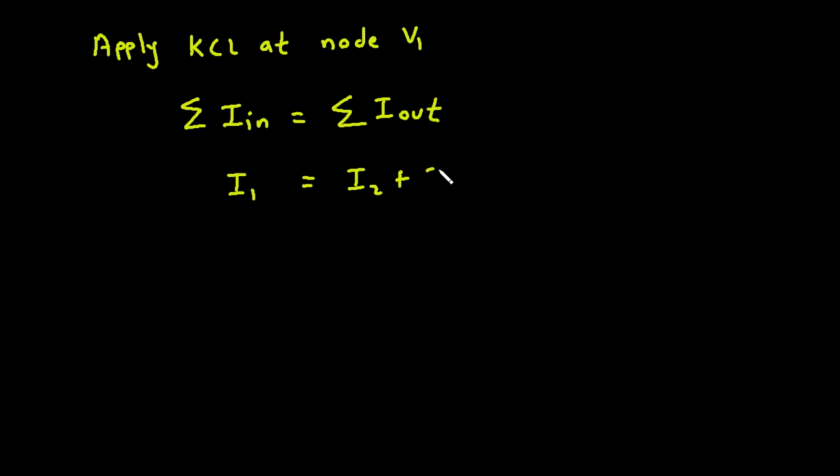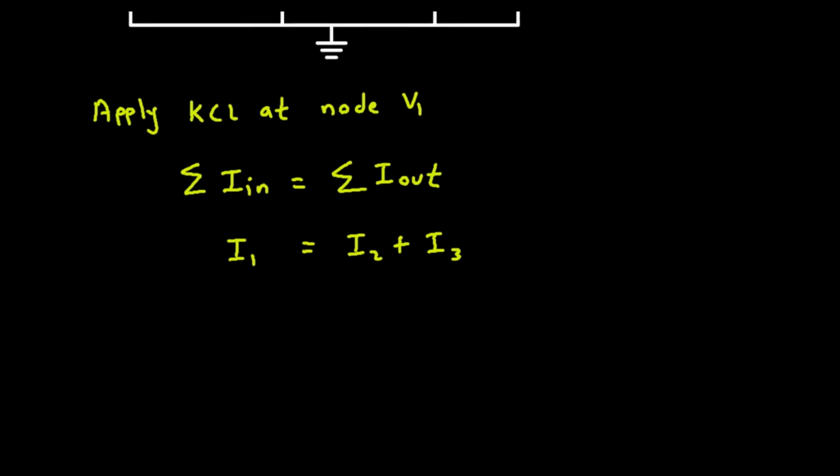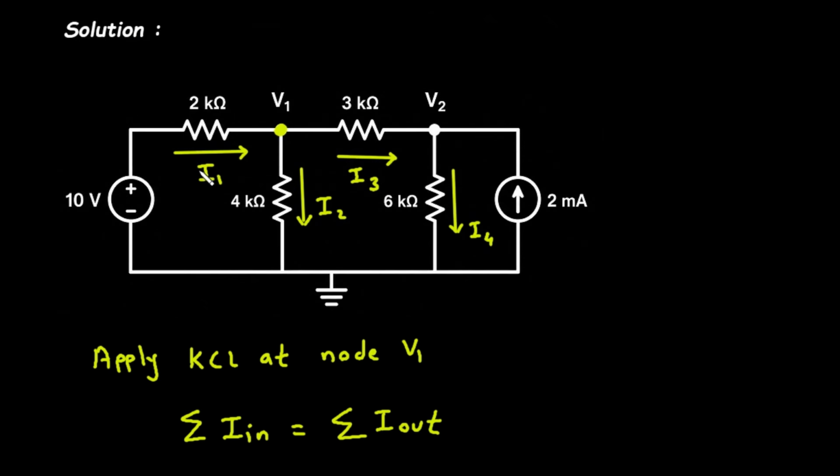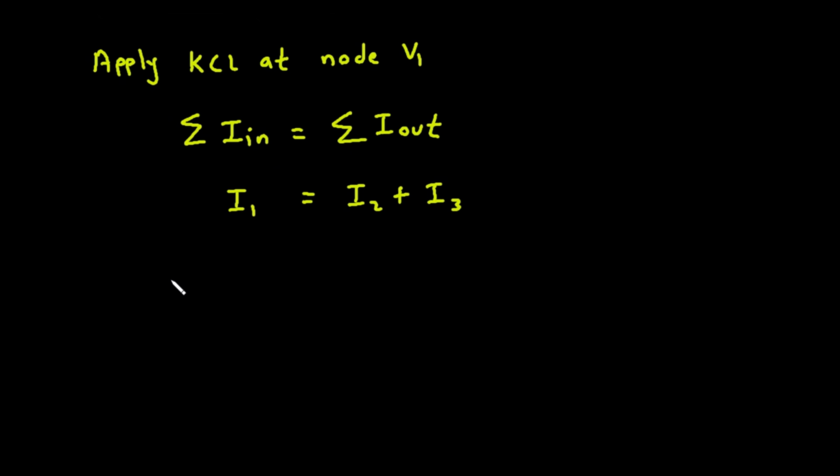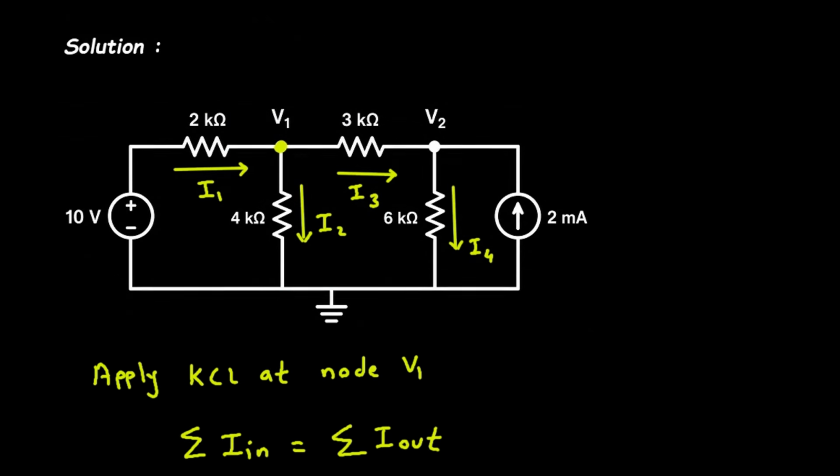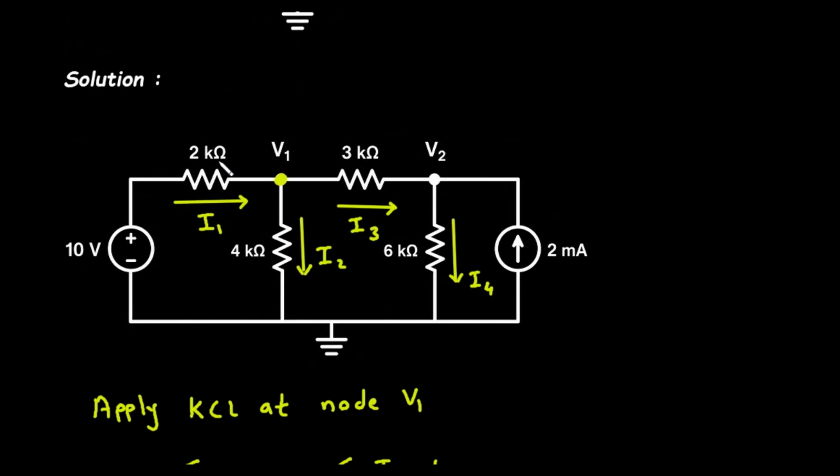Now we can write this I1 in voltage form as higher voltage minus lower voltage divided by resistance. So it will be 10 minus V1 divided by 2 kilo ohm.